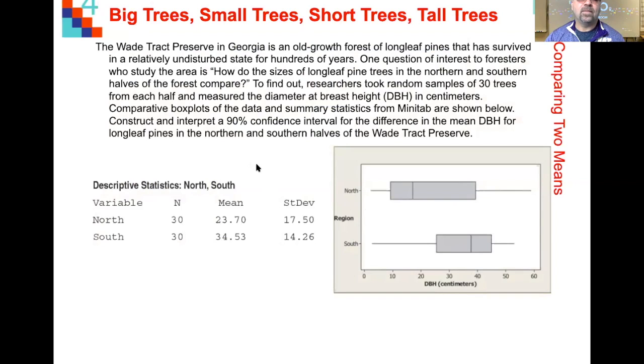So that's a little bit of intro. This is actually going to be working through a problem. We're going to use this data right here. And we're going to do a 90% confidence interval. And then we'll do a significance test to show kind of how these all work. So this is where the video is going to break.